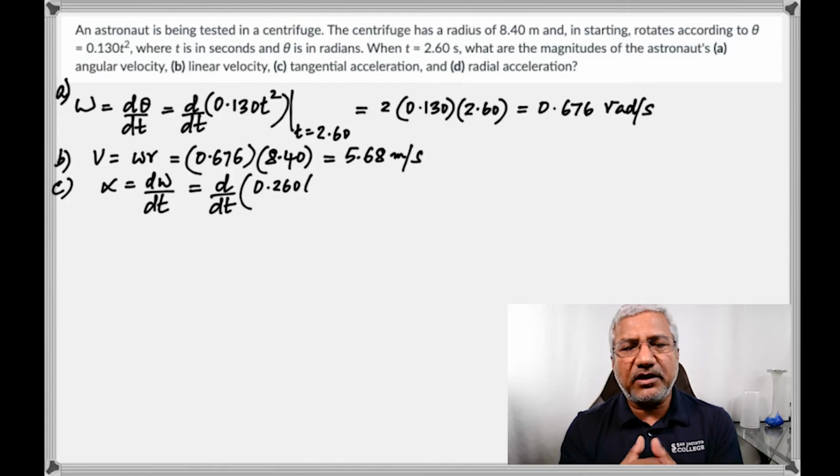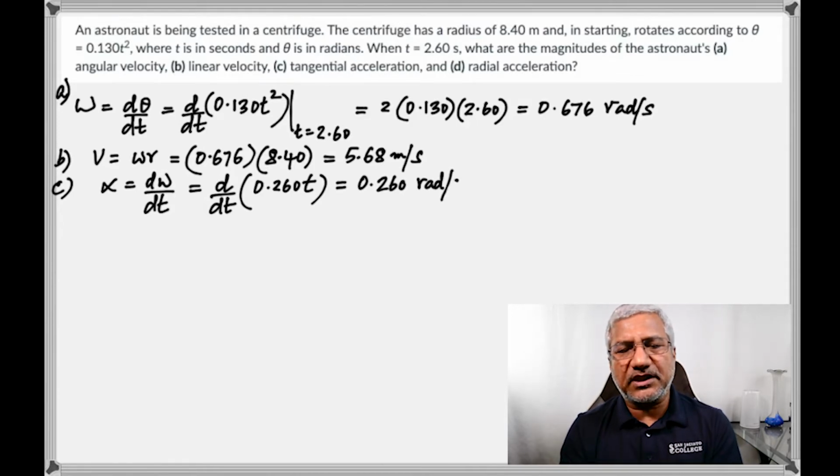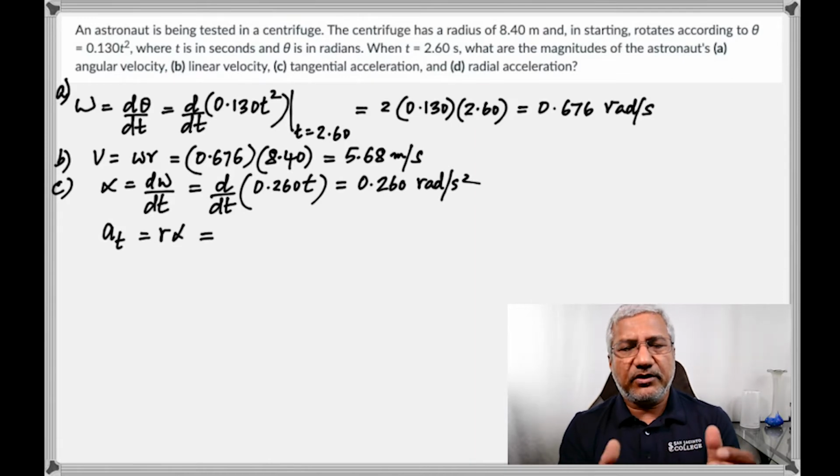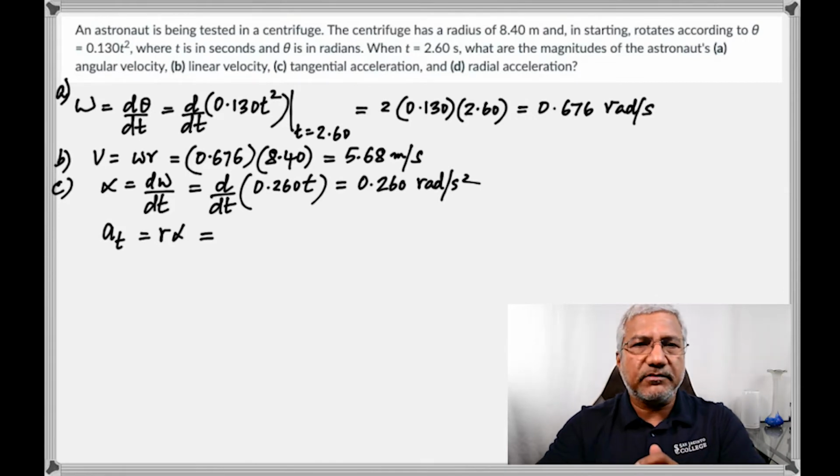Since we have the expression for omega, which we got in part A as 0.260 t, you just take the derivative of that and you get 0.260 radians per second squared. That means the acceleration is a constant. You see that the tangential acceleration is independent of the time, because the time factors out.